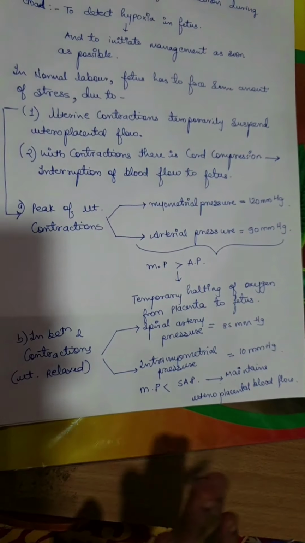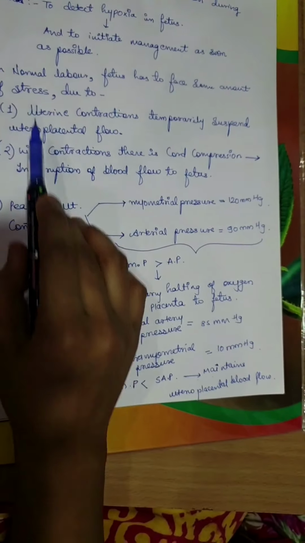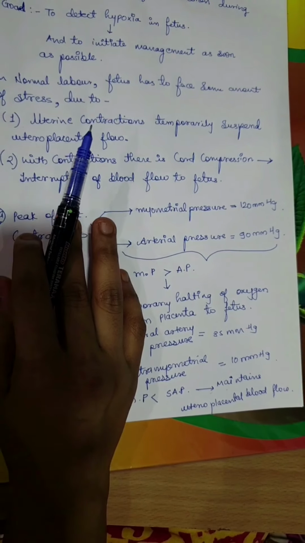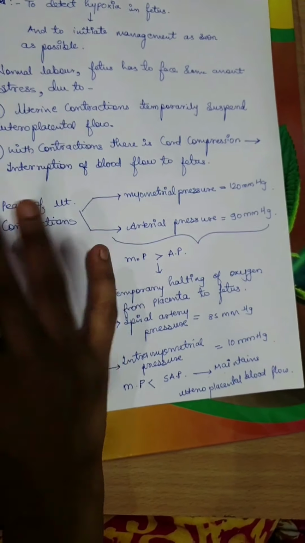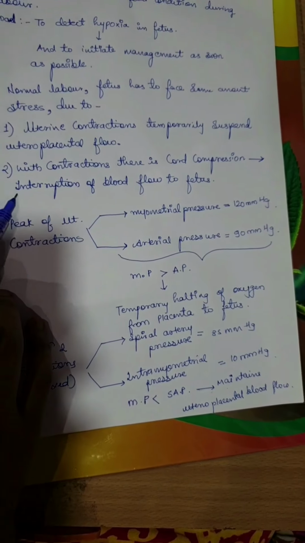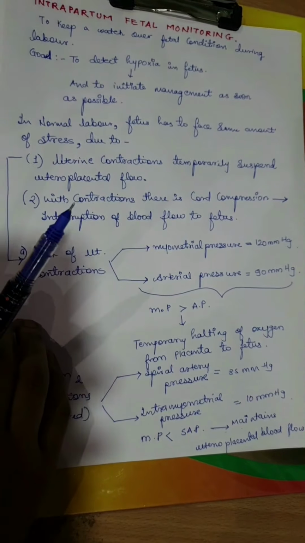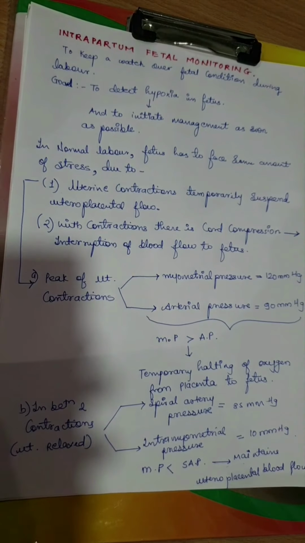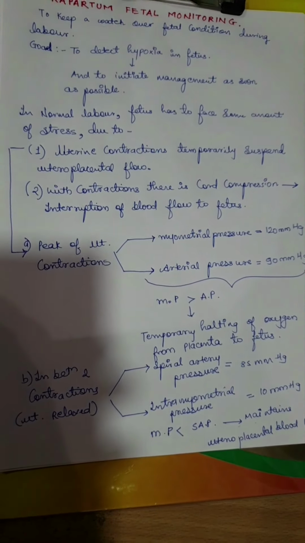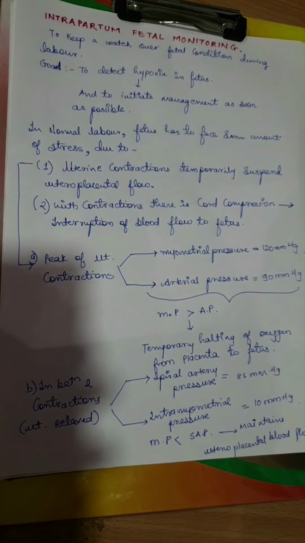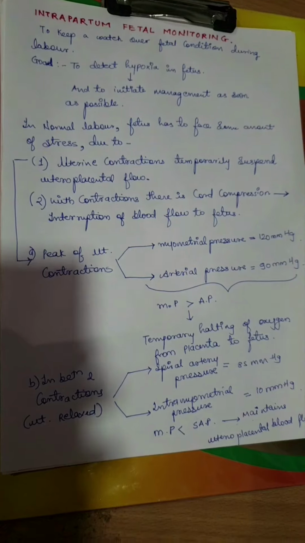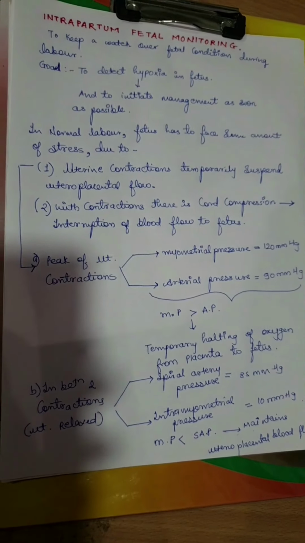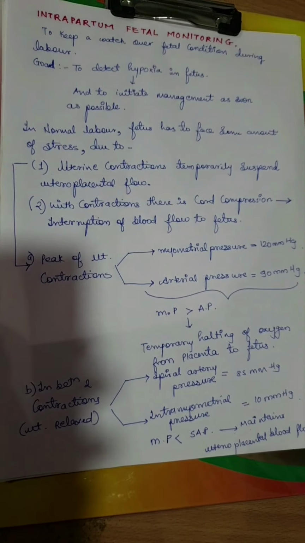So now if the fetus is healthy and can withstand these two stresses which occur during the uterine contractions, which are within the limits, then there will be no problem for delivery, as these are natural occurrences. But if the fetus is compromised from the beginning, that is, the fetus has become hypoxic due to several reasons, such as intrauterine growth retardation, or if the mother has an obstetric complication such as preeclampsia, where there is no proper blood supply to the fetus, this fetus cannot withstand this stress and undergoes fetal distress.